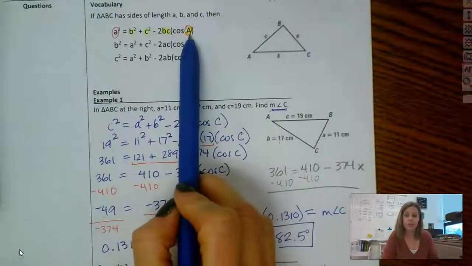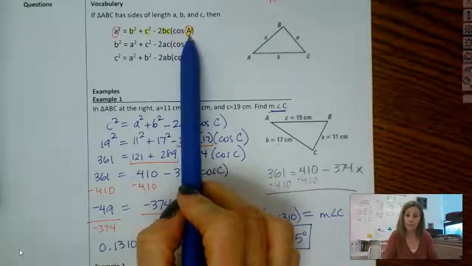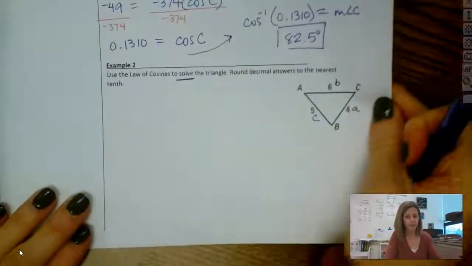I am going to use the one where I take the cosine of angle A because I will do an inverse cosine at the end. Okay, so let's write the equation.